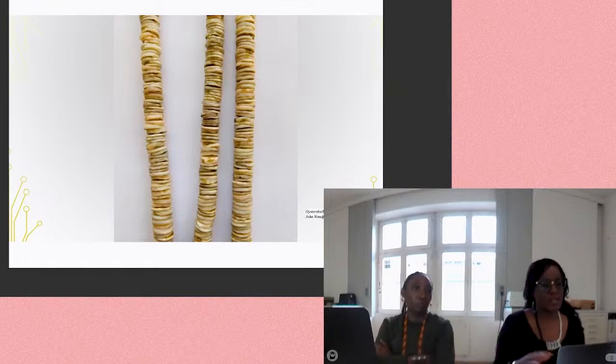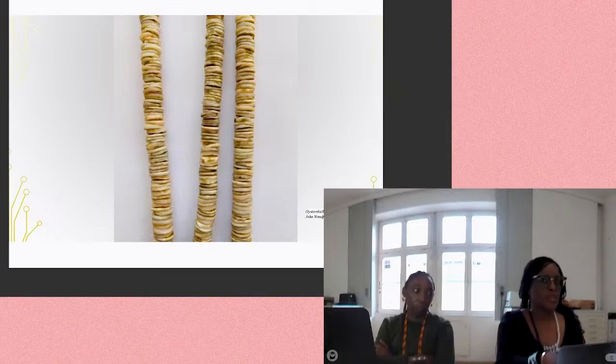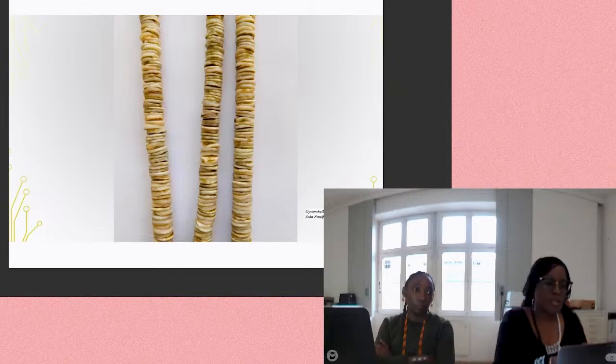It's not just a necklace, it's also related to the clan that you belong to. Onyoka beads is one of the beads that was included, according to the specific clan. So those are some of the symbolic areas where you'll see the onyoka beads being worn.